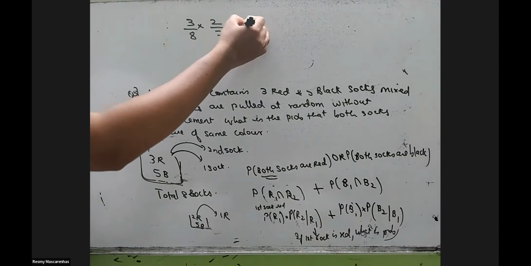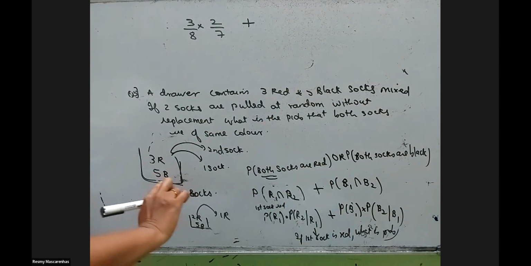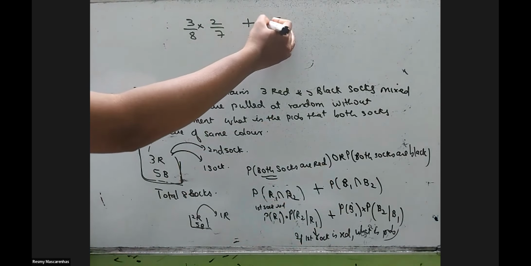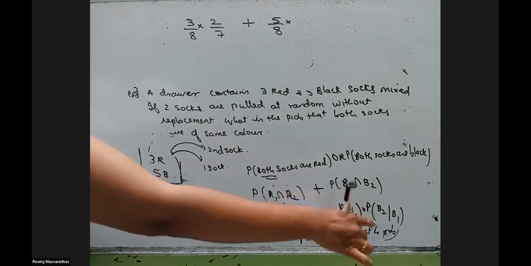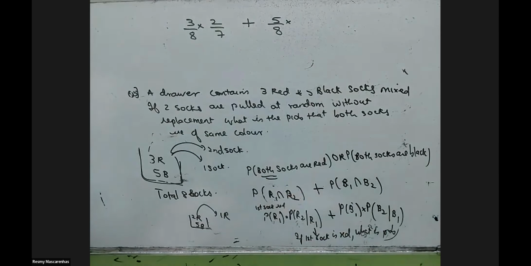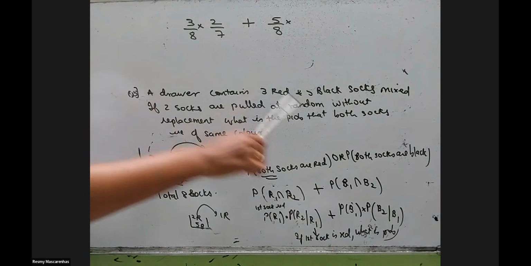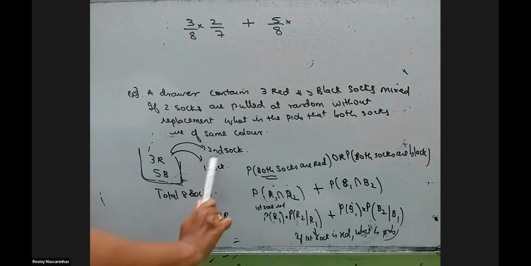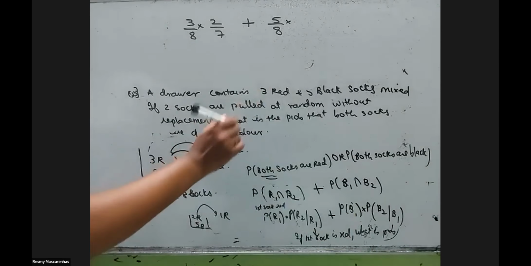And plus, what are the chances of black? Black is 5 out of 8. And now the second thing, given that already the first one was black, what is the chance that the second sock is also black?